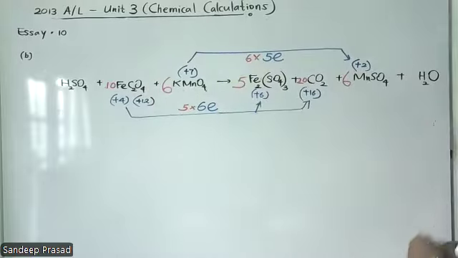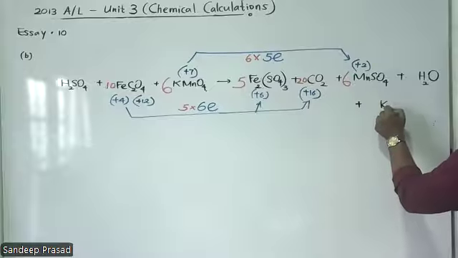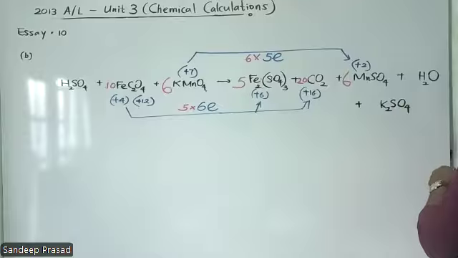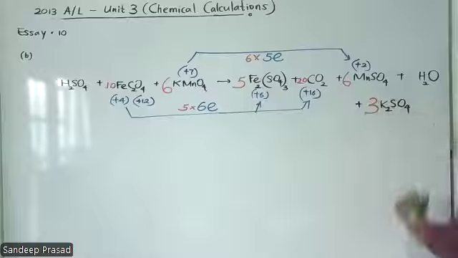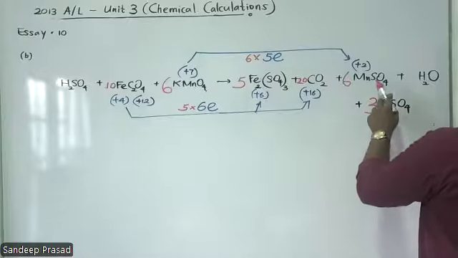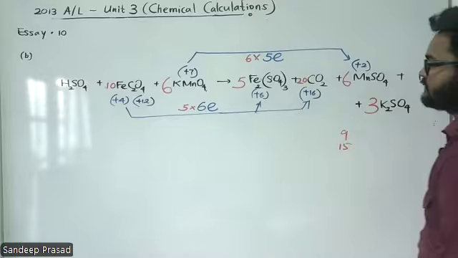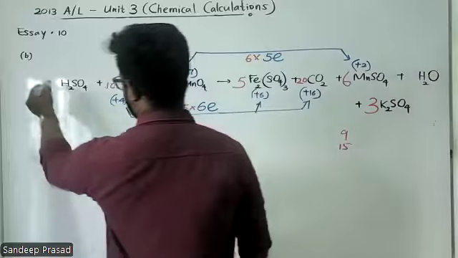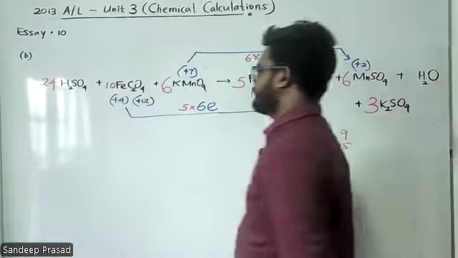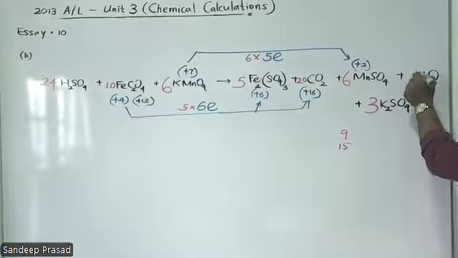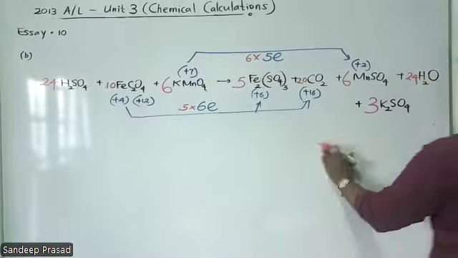We know that there is another byproduct, potassium sulfate, K2SO4. So therefore 3 here. How many sulfur atoms are there? 3, 9, 15. So 24 sulfur atoms are there. How many oxygens are there here?